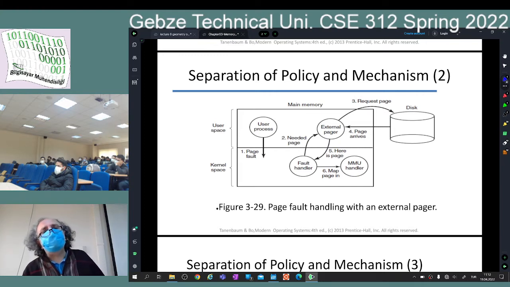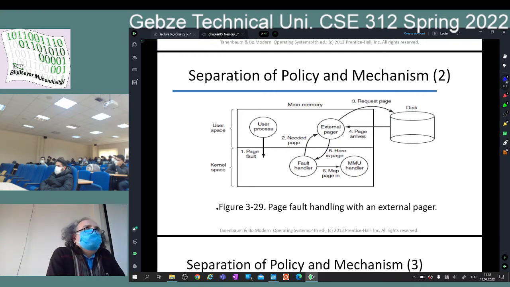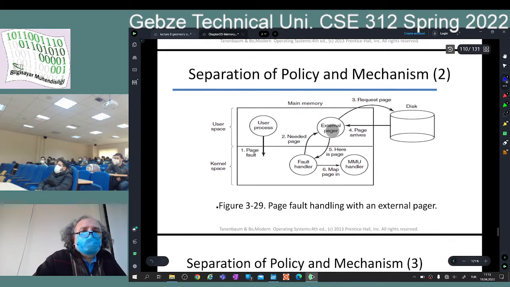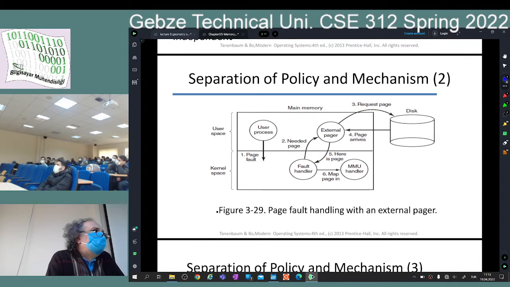Some people said, why don't we do this, okay? Yes, to handle the memory, I need special privileges. For example, to read the R and M bits from the page table, or set up the page table, or set up the TLB, I need kernel privileges. I can't escape from this. But if I keep the main logic of the page replacement, the cleaning policy, or the page table setup in some procedure that lives in user space, my operating system has a user process.